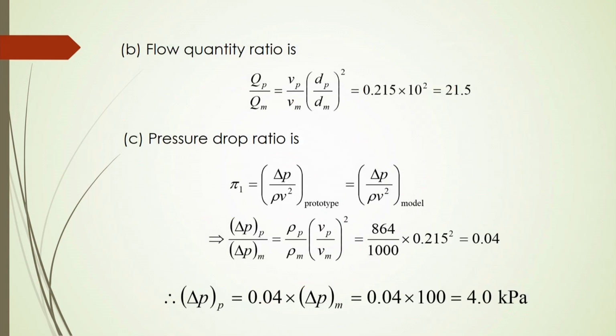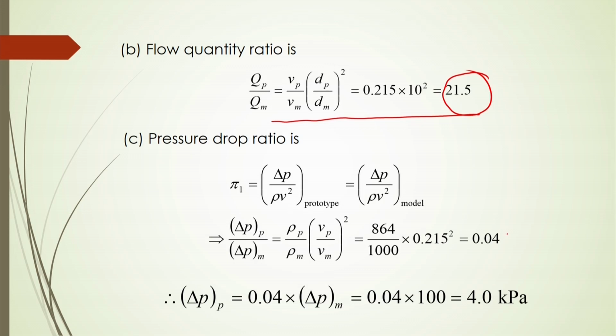And then the flow quantity ratio should also be the same. In that case, Qp by Qm should be equal to Vp by Vm times dp by dm square. Based on the model and prototype values, we have Qp by Qm equal to 21.5.